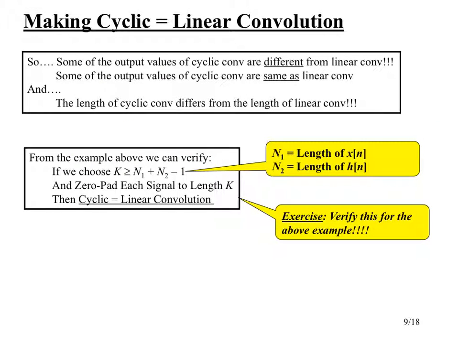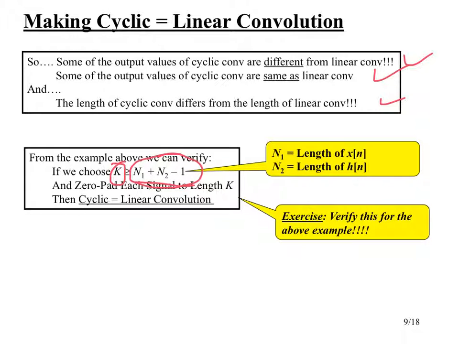So how can we make cyclic convolution equal linear convolution? What we've seen is that some of the output values are different from what linear convolution gives us. Some of them are the same. And the length is also not correct. So if we go back to that example, you can actually verify that if you choose a number k which is bigger than N1 plus N2 minus 1, and remember, that is the length of a linear convolution.